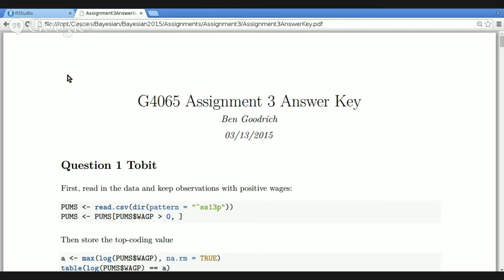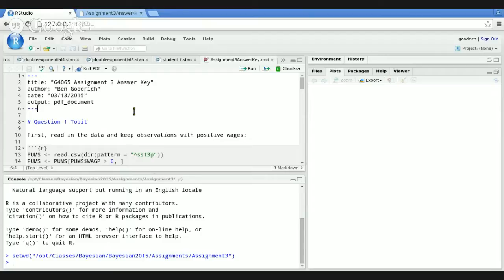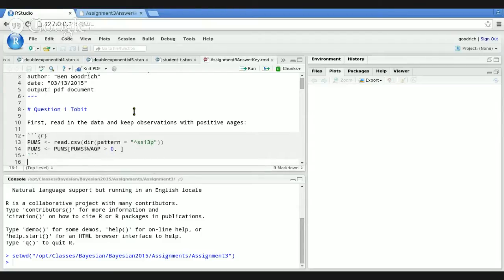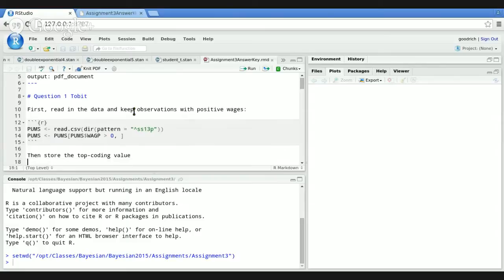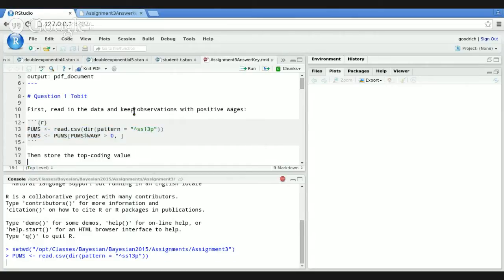So the first is the question about the Tobit model. And you can get the zip file, if you're in a place where you can access the internet, from Courseworks that has all of this. Everybody had a different state to analyze.